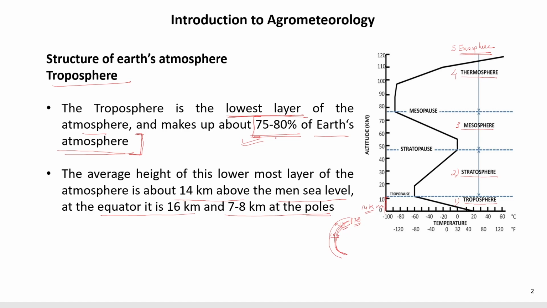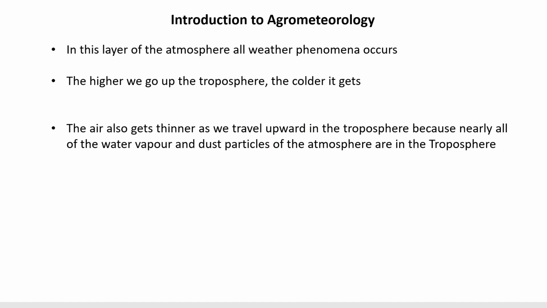But the most important is that 75 to 80% of the Earth's atmosphere is made up of the troposphere. Next point: in this layer of the atmosphere, all weather phenomena occur. A question can be asked in the examination as an MCQ, in which layer of the atmosphere weather phenomena take place. Weather phenomena take place in the troposphere.